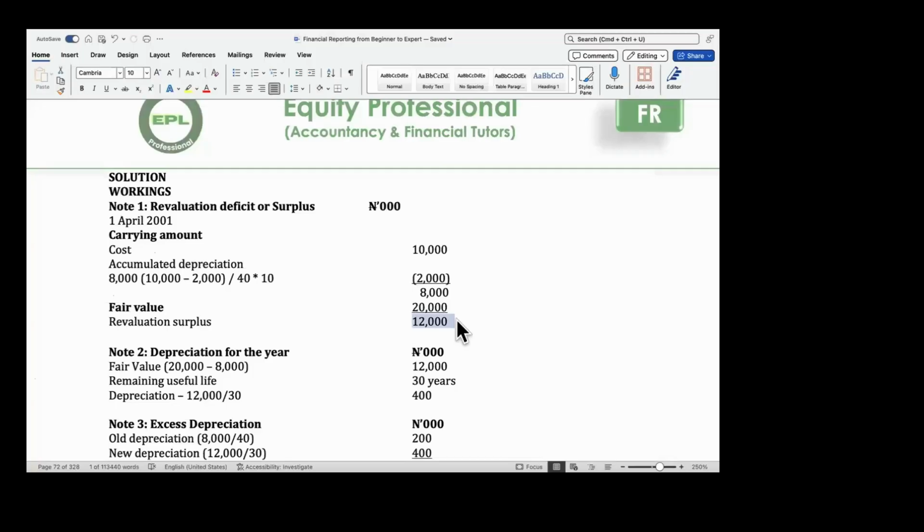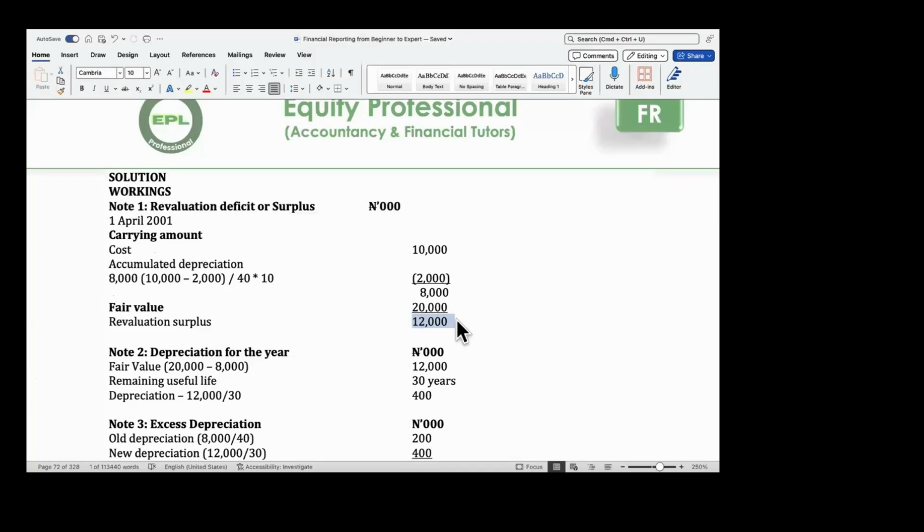The reason why we said it should go to OCI is because this surplus is an unrealized income. That is why we say don't take it to P&L, take it to OCI. But from OCI, we take it to equity as reserve, and it's there forever.